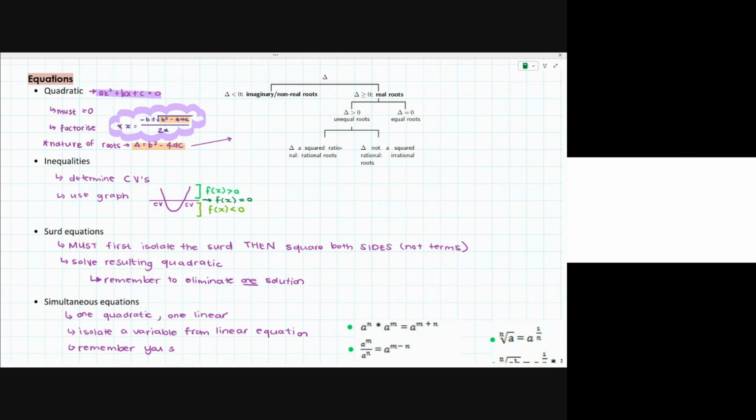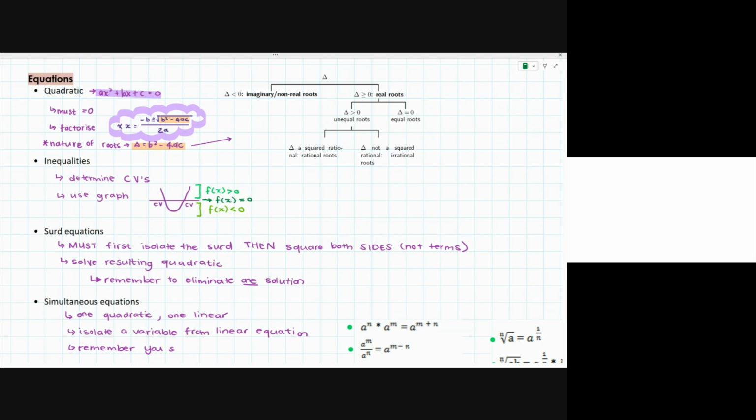Right, in terms of inequalities, inequalities are still types of equations, except that now instead of a singular value, we are getting a range of values. At this level, you need to be dealing with quadratic inequalities. You essentially determine your critical values by solving your quadratic equation, so make one side equal 0, factorize, etc. And then you need to use a graph.